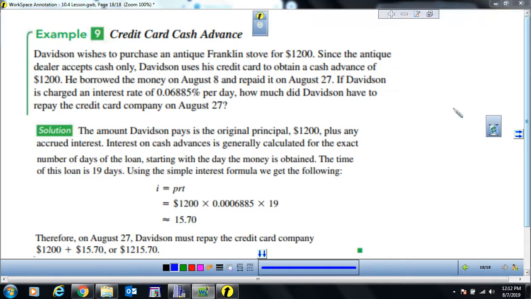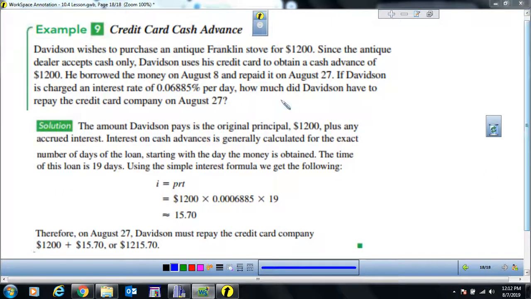Okay, last problem. Credit card, so that you can see the difference between when you're using your credit card for purchasing stuff and how they calculate your minimum monthly payment or your balance as of every billing cycle, versus when you use a credit card for cash advances.